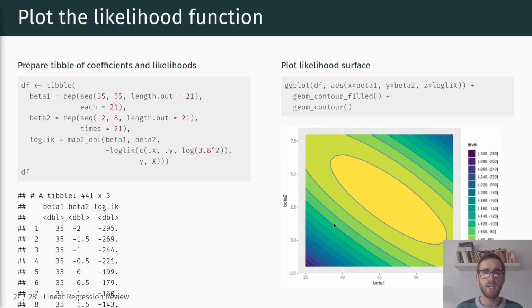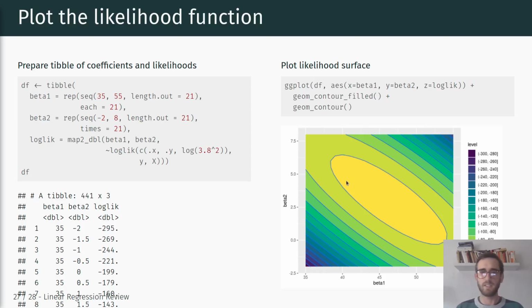And we can directly plot that likelihood surface for these different values. On the x-axis we have our different values for beta 1, ranging from 35 to 55, and our beta 2 ranging from -2 to around 8.